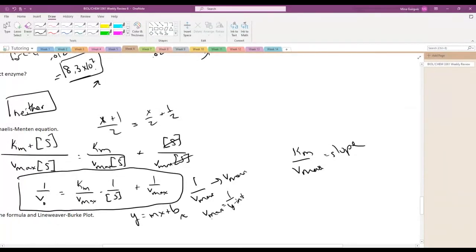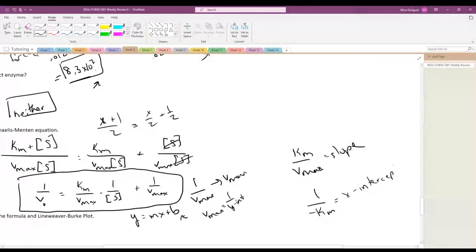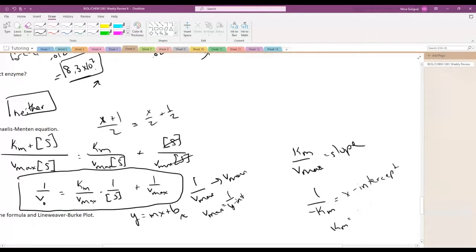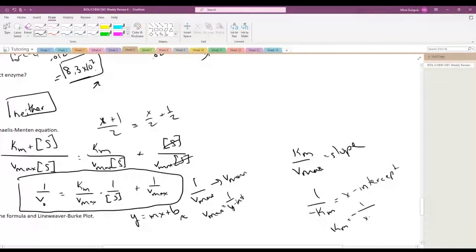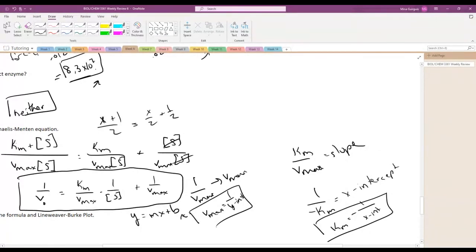So you could find V max and then use V max to get to Km, or because of this relationship, 1 over negative Km is equal to your x-intercept. In other words, Km is equal to negative 1 over the x-intercept. So just like that, from looking at the intercepts alone, we can get Km and Vmax.